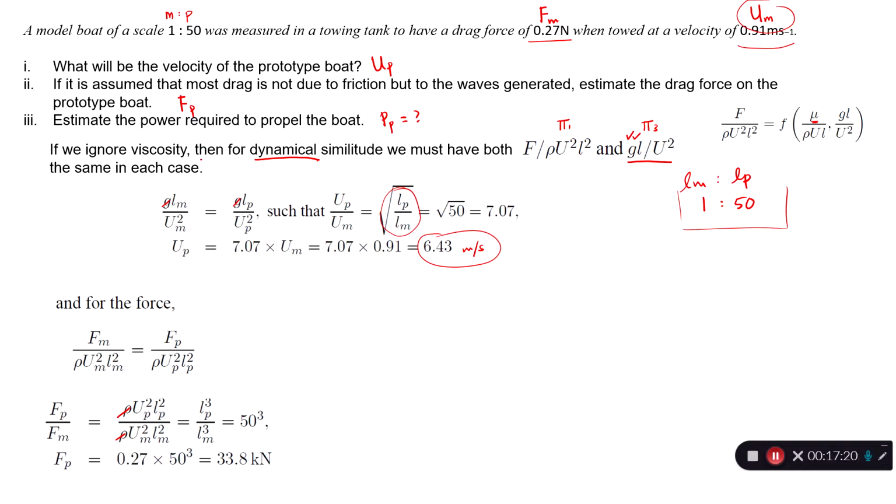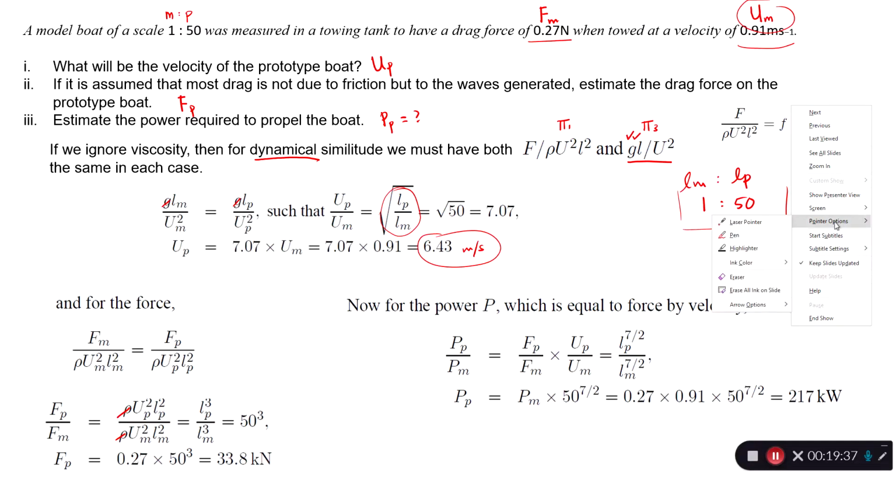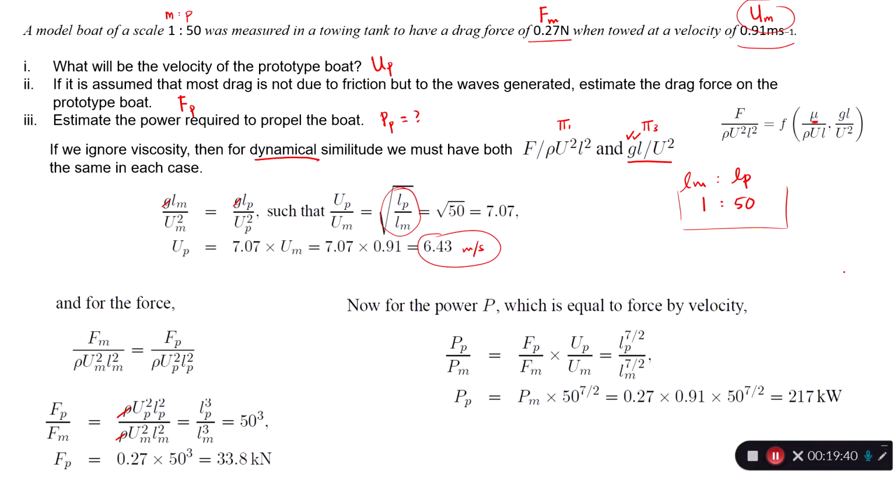For the last one, estimate the power required to propel the boat. What we know about power is basically force times velocity. You can verify that with the units. Power is in watts, or joules per second, and joules is energy or work.